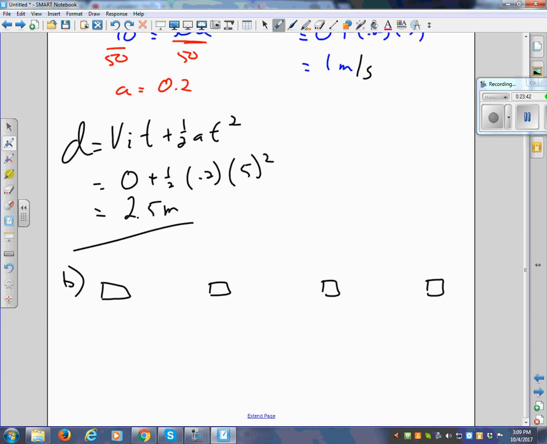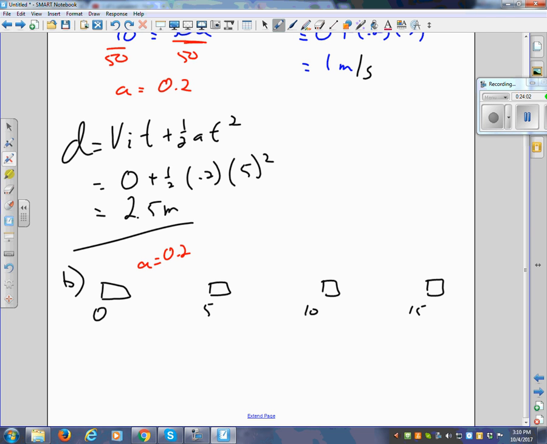Okay, so I'm going to draw the picture at these 5 second intervals: 0, 5, 10, 15, and there's one more, 20, which I don't have room for. So what's it doing between 0 and 5? It is accelerating at a rate of 0.2.